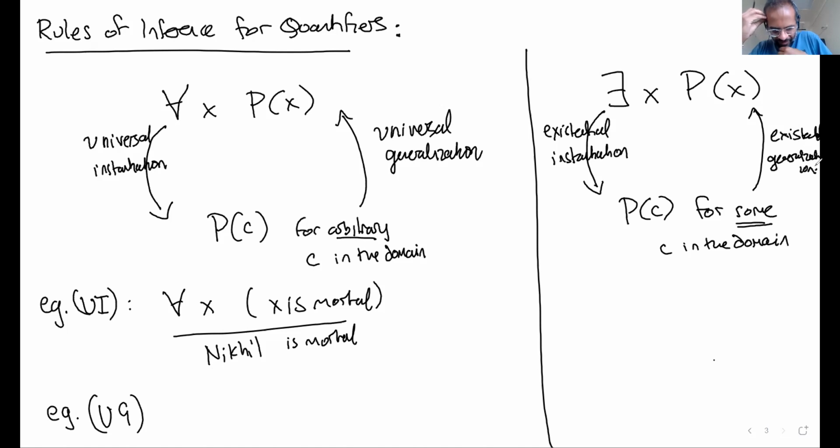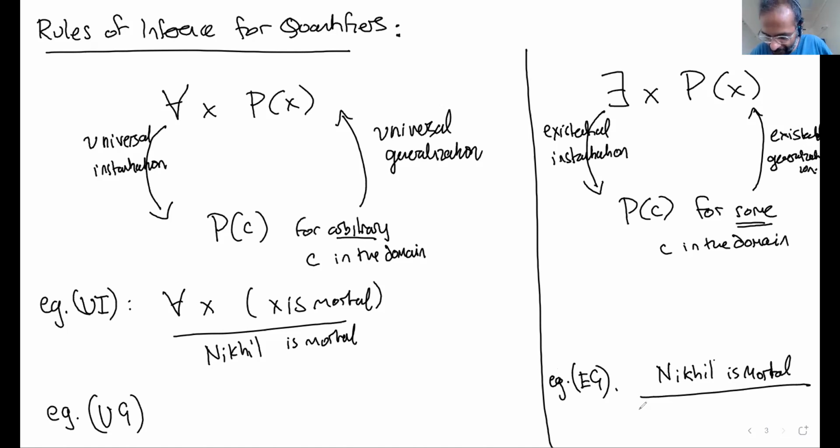So this is sort of a subtle concept. Let me give an example of existential generalization. Let's say I just have that Nikhil is mortal. What can I conclude from that? I can conclude that there exists a human so that the human is mortal, right?